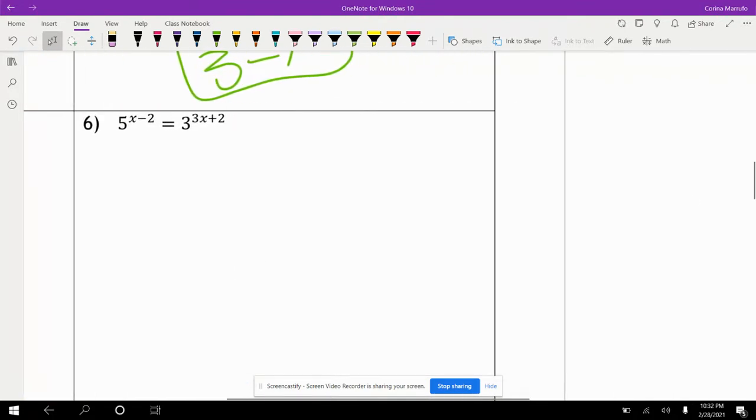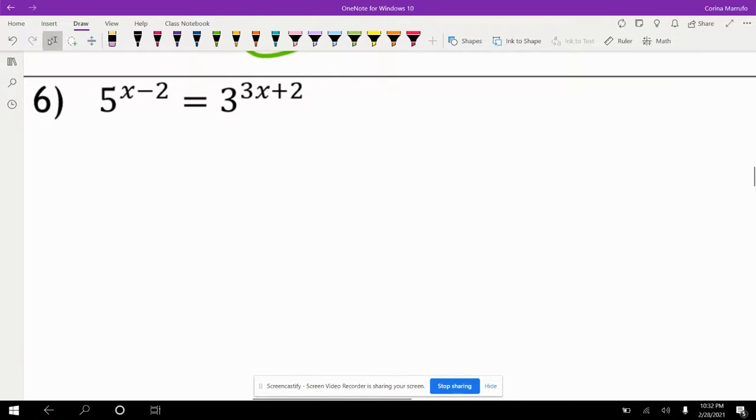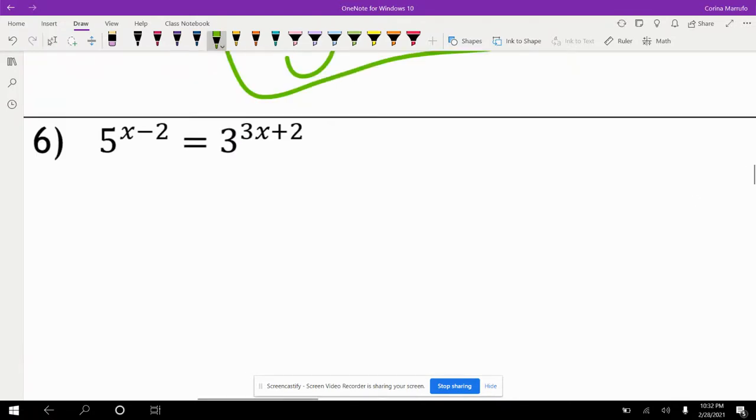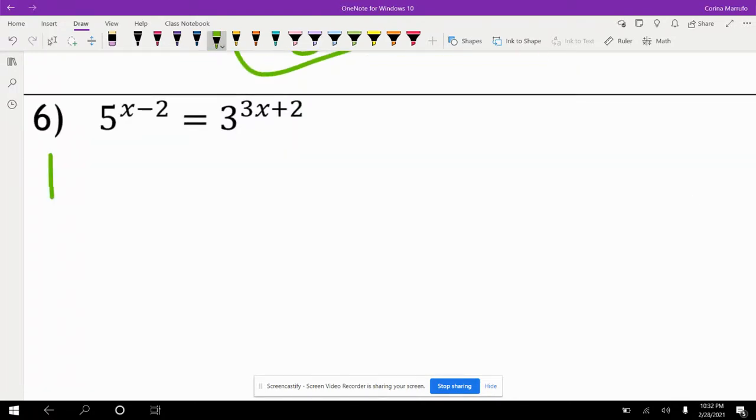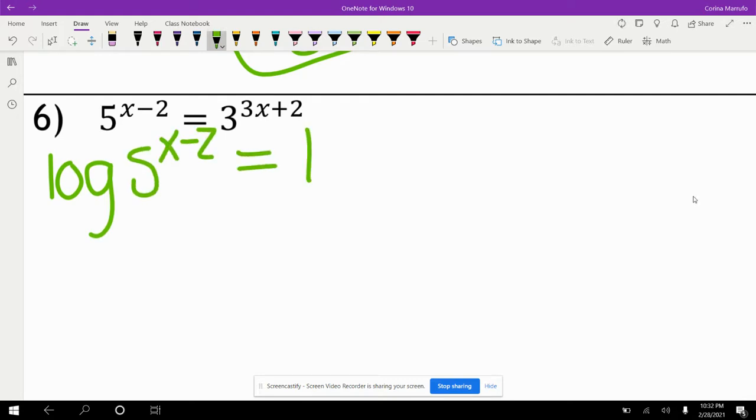All right, so this one is going to be the exact same thing again. We're going to put log on both sides. Log of 5 to the power of x minus 2 equals, and then we put log on the other side, of 3 to the power of 3x plus 2.